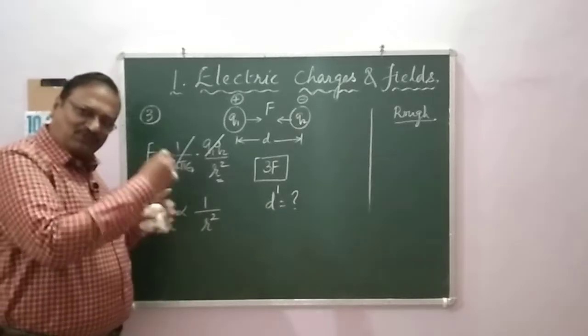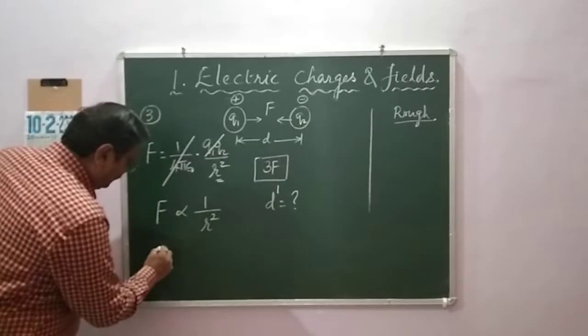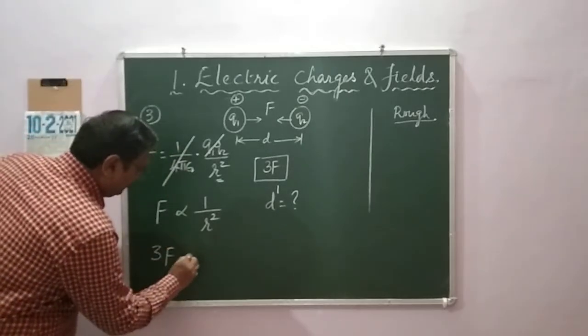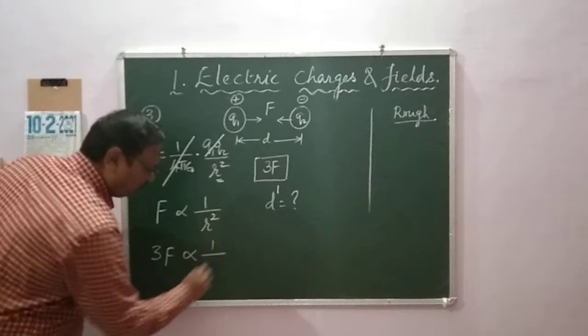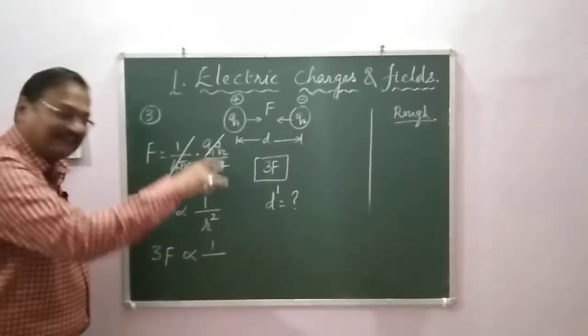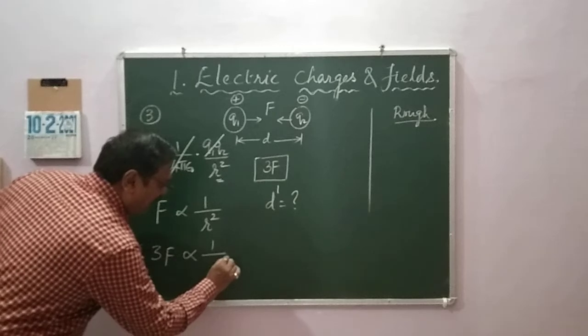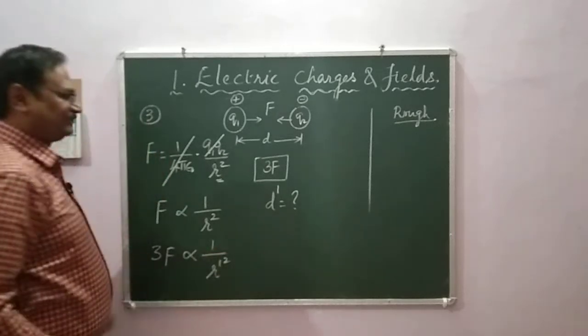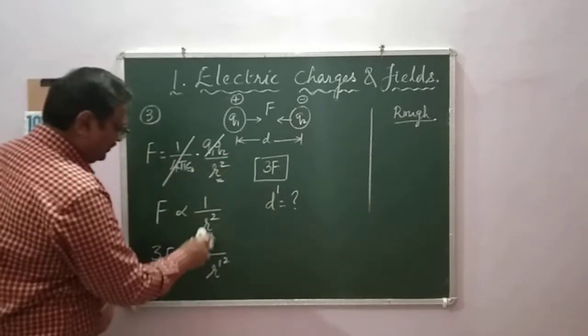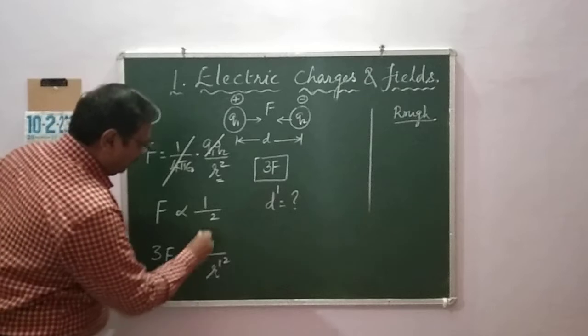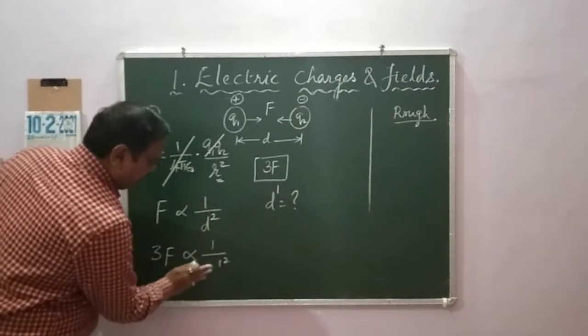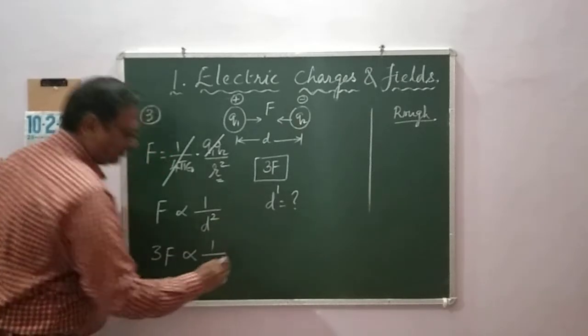Okay? And if that is so, now 3F will be inversely proportional to a distance which is not known to us, that is r dash, but r dash square. R here, D it is given, so let me take the same symbol D square and this should be D dash square.